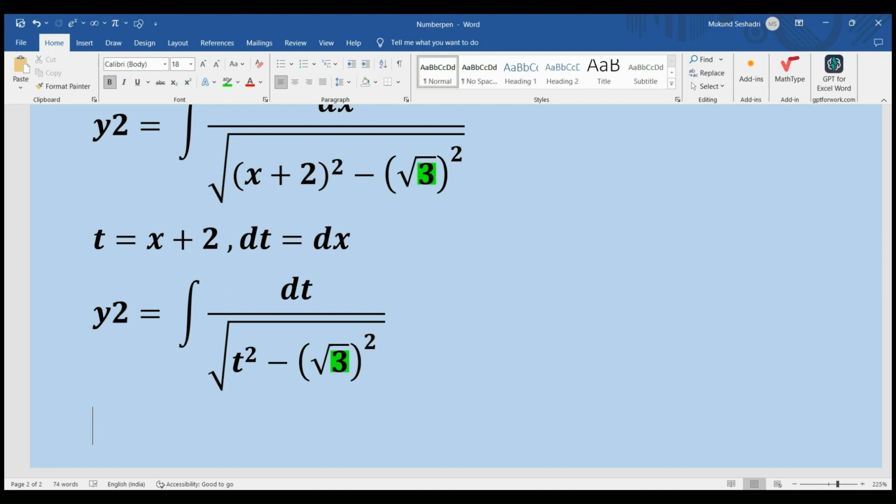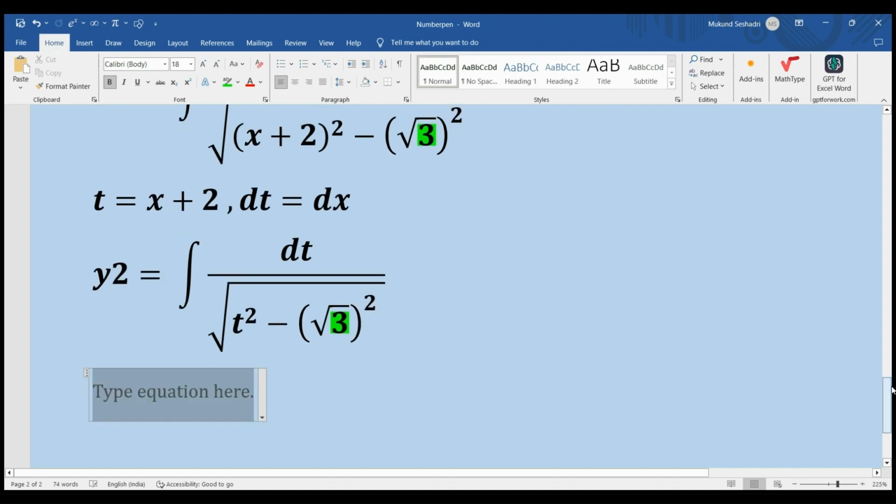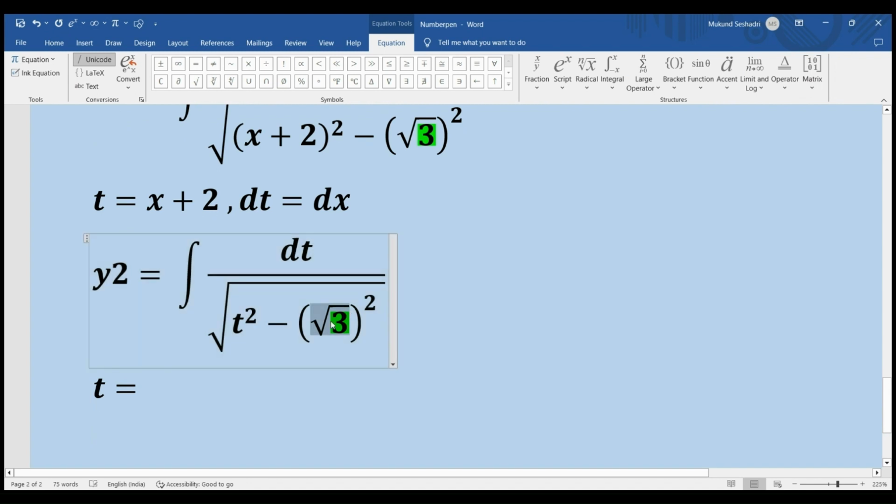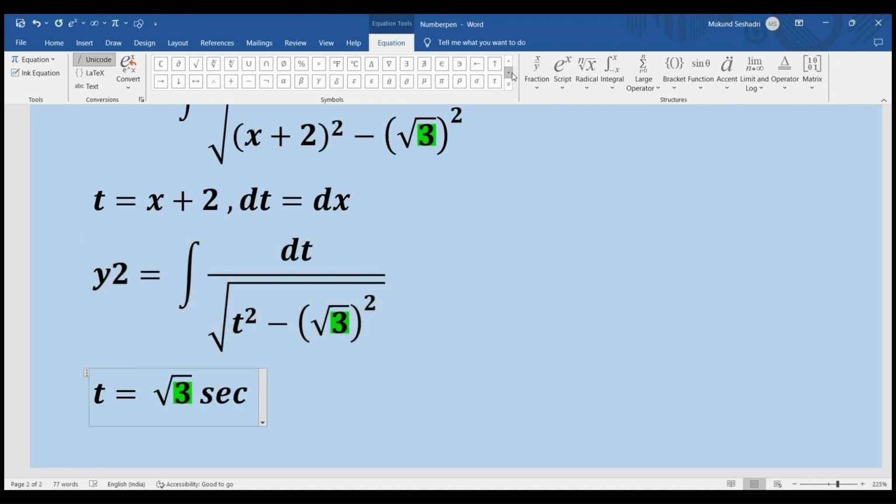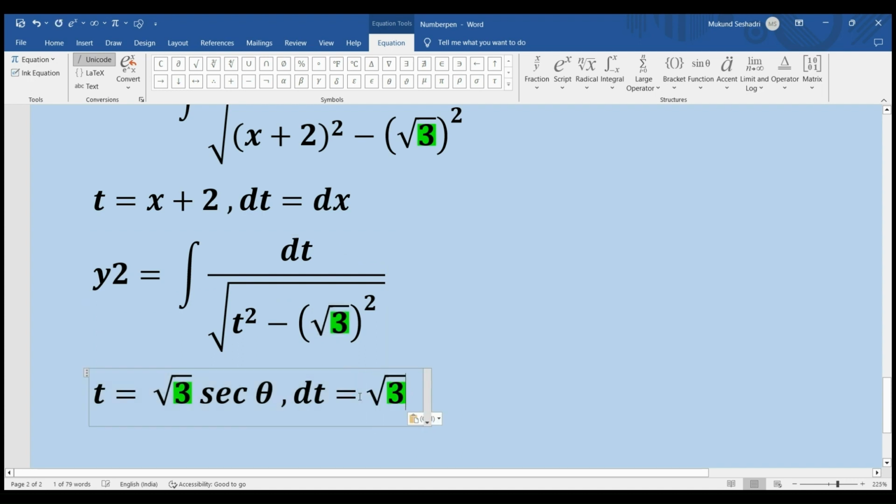What's going to help me solve this problem is secant squared theta minus tan squared theta equals 1. So let me make the substitution t equals root 3 times secant theta. So what happens to my dt is nothing but root 3 times secant theta tan theta d theta.